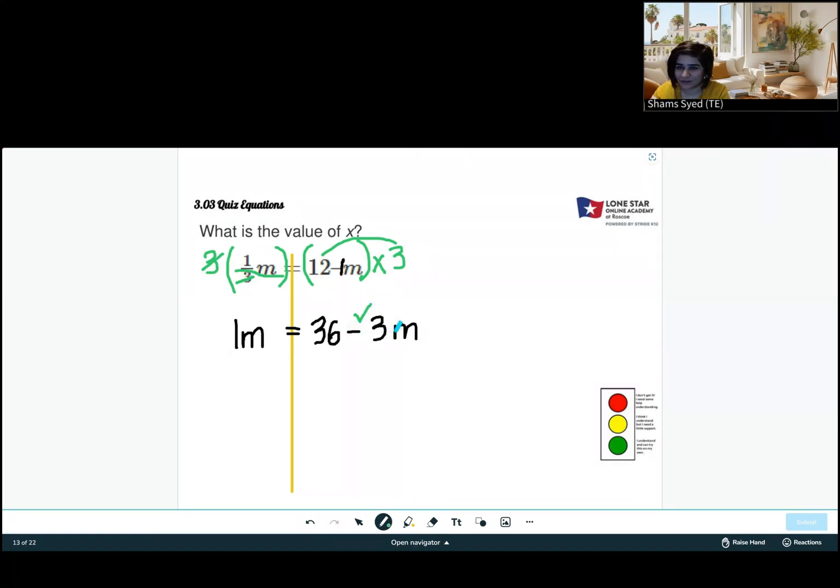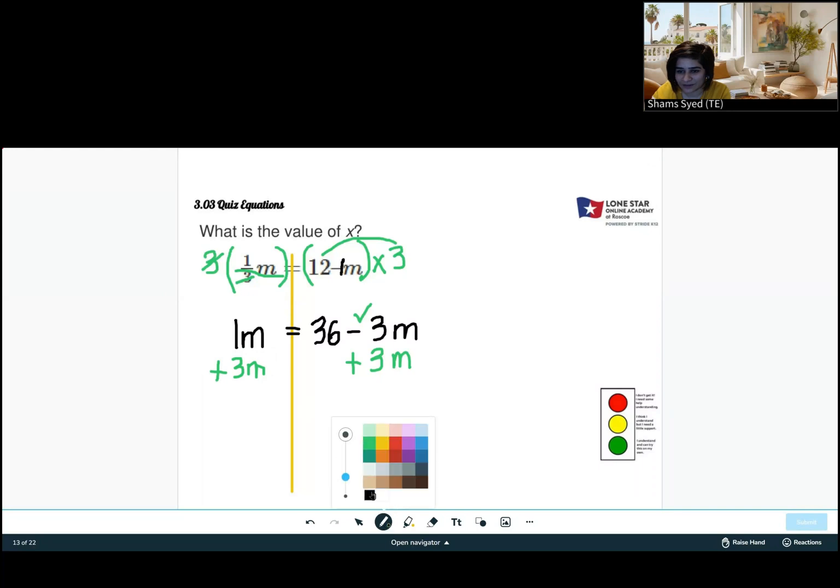The negative is with the 3m. 36 is positive, negative 3m is small. That's what's going to be moved. How? By adding 3m to each side.